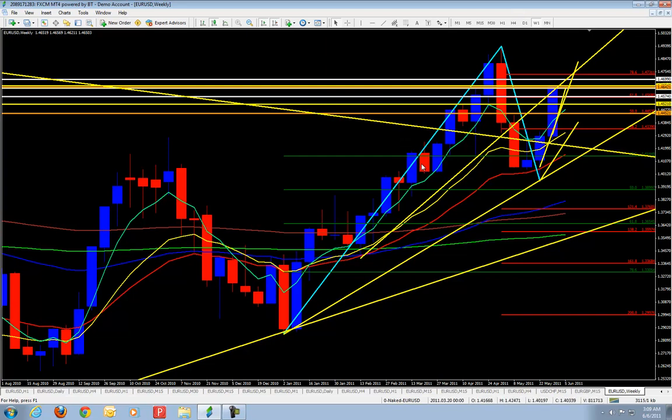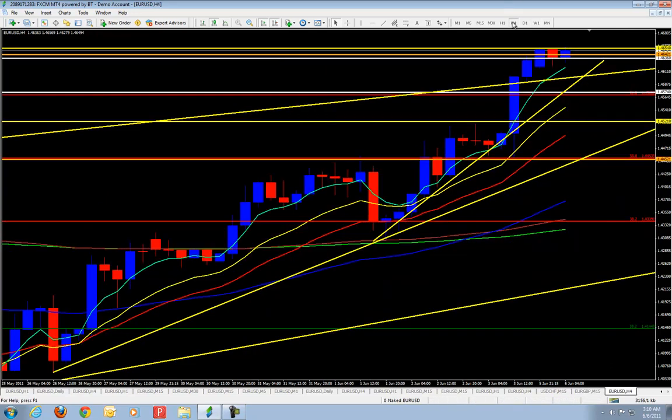So if we actually turn this into a 1 hour chart or even a 4 hour chart, this would look like a downtrend. You know what? This candle goes back to March 20th of 2011. So turn this into a 4 hour chart.